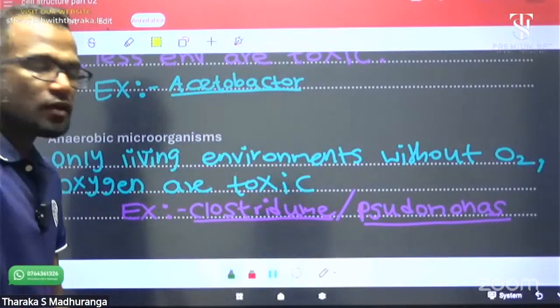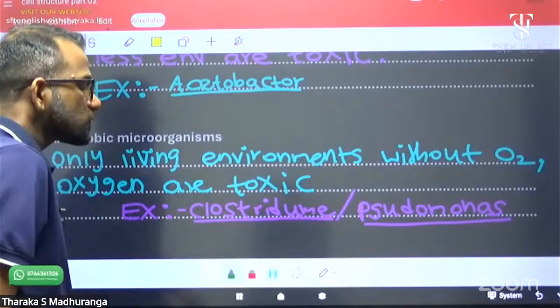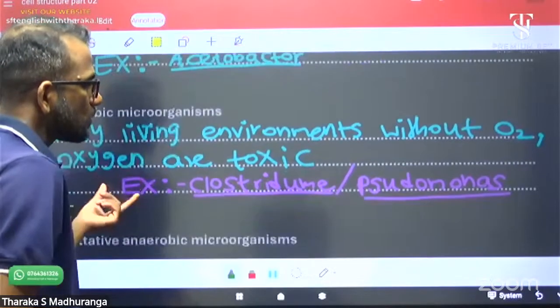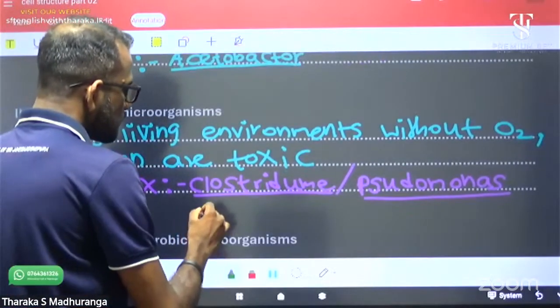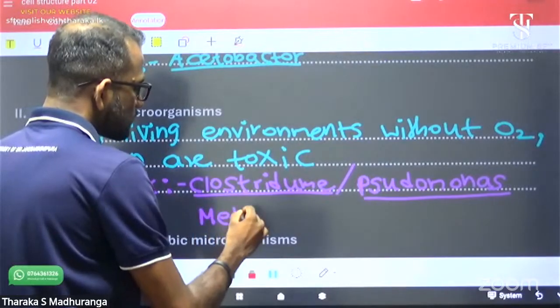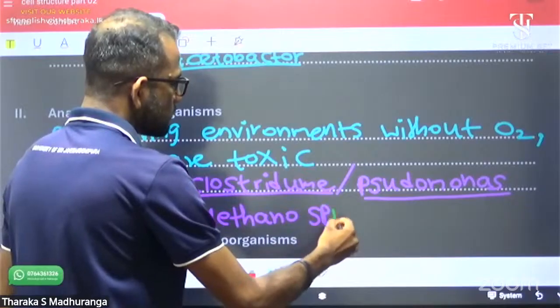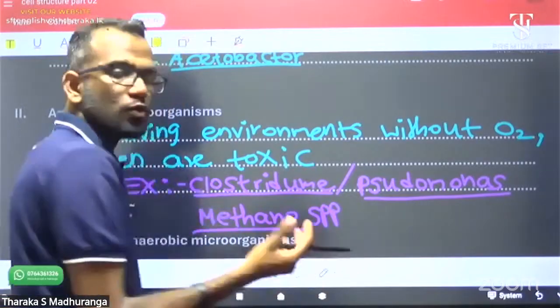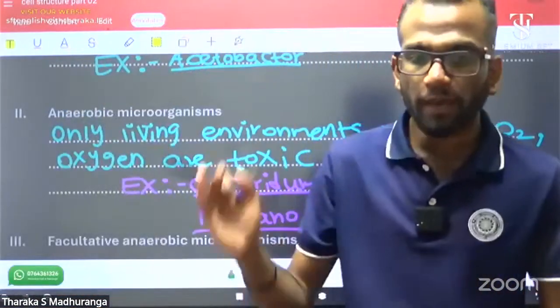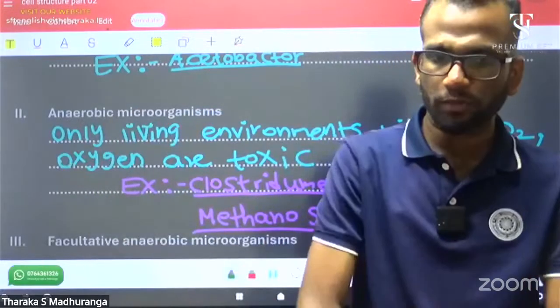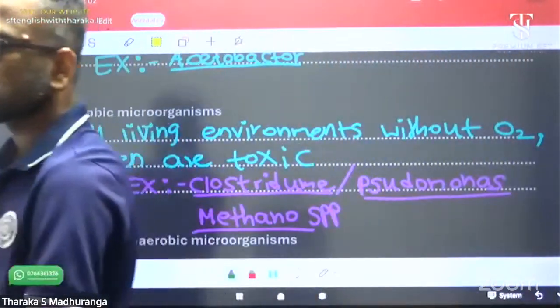Not only that, Pseudomonas, Clostridium, and methanogen species are used for biogas production. Methano species is a group, right? Methanococcus, Methanobacter, all of them are anaerobic, right? Understood?